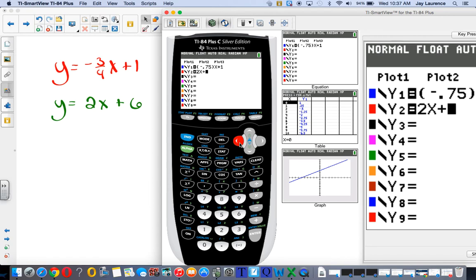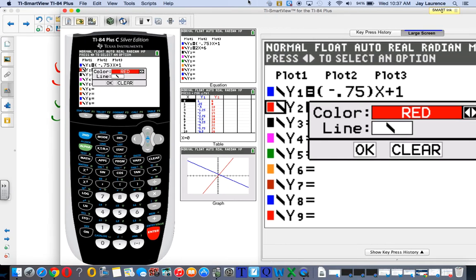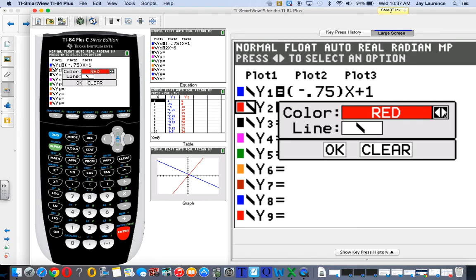I wonder if I can change the colors of those to make them match. Let's see, I'd want that one to be green. Yeah, I can. That's pretty cool if you think about it. You have to look into how to change that.